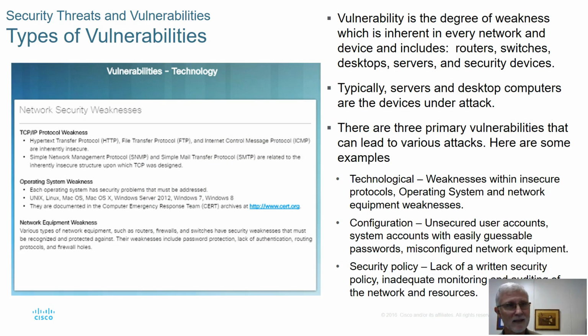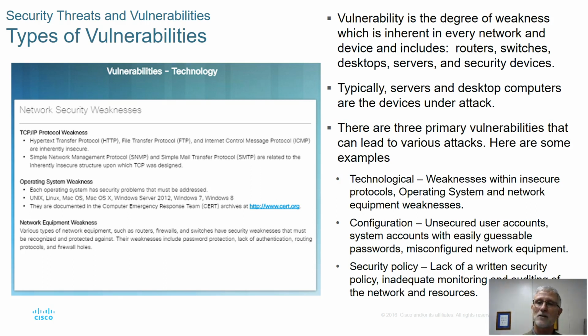Now, types of vulnerabilities. Vulnerabilities is a degree of weakness in the network, and it can be routers, switches, desktops, security devices. Typically, it's servers and desktops that are usually under attack. The three primary ones are technology, configuration, and a lack of a security policy.